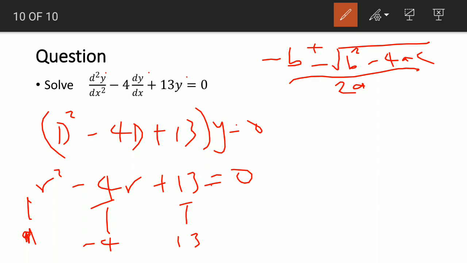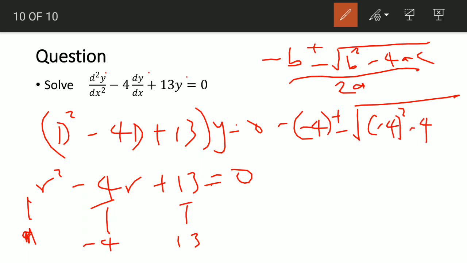So if we do that here, this is going to be minus, your b is minus 4, okay, so plus or minus, then we have square root of b squared, which is minus 4 squared, then minus 4 times a. What is a? Your a is 1. What is c? Your c is 13, so times 13, okay? All over 2a, which is 2 times 1.